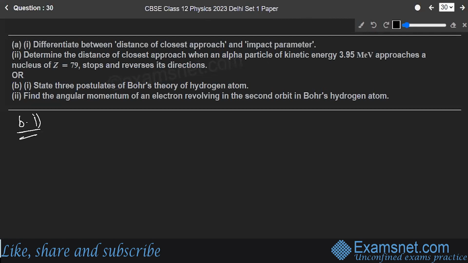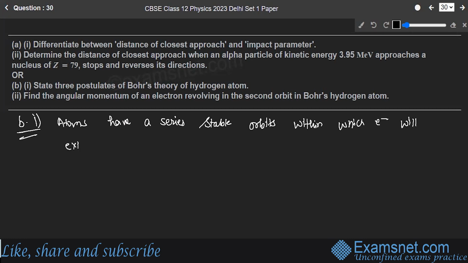First, atoms have a series of stable orbits within which electrons will exist while not emitting any energy.